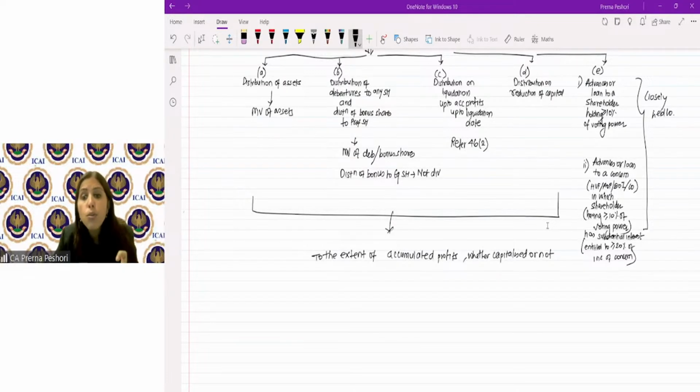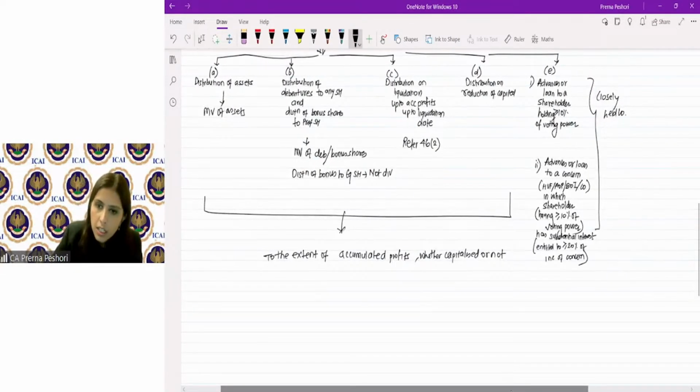In case of loan or advance to a shareholder, again that is also restricted to the extent of the accumulated profits, but not the capitalized accumulated profit. For 222A to 222D, even the capitalized accumulated profits you will consider. But for advances or loan, you will not consider the capitalized accumulated profit.